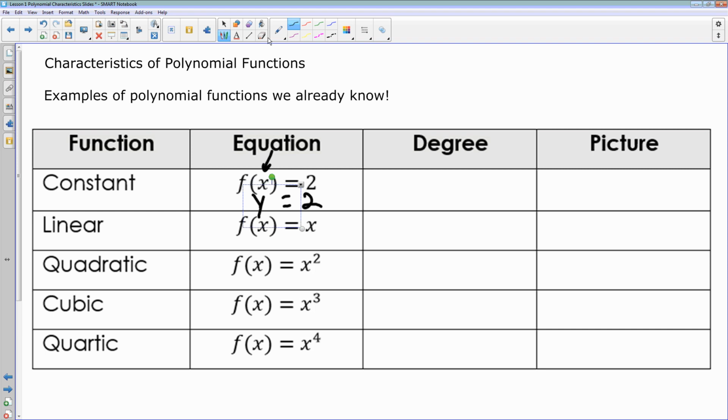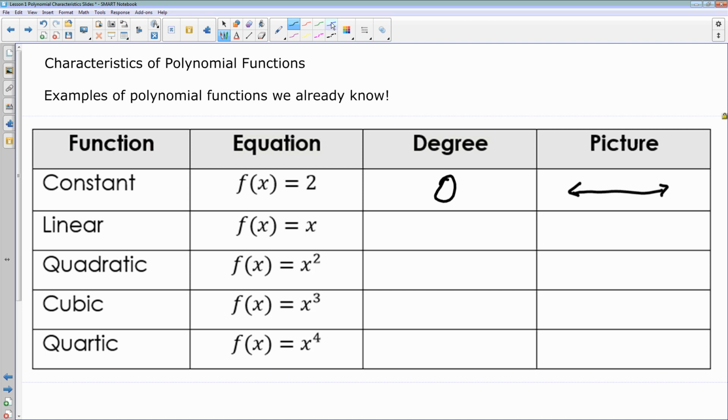So don't let that throw you off. But anyway, think back to our good old piecewise days, when we had a constant function. So our degree here is 0 because there's actually no x there. Even if I put an x there, it would be x to the 0 power, and anything to the 0 power is 1. So our picture is going to look like this. Just a nice horizontal line.